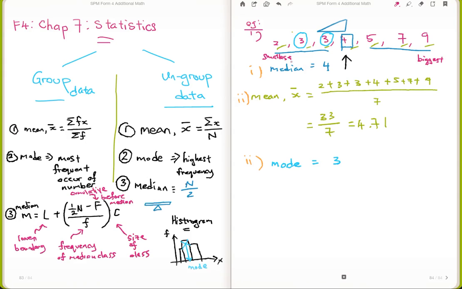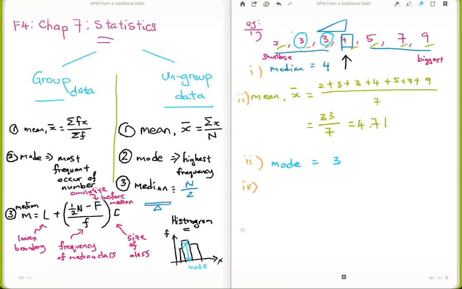Right? Now next, I'm going to show you the fourth one in a straightforward question. You may go through similar questions sometime later.